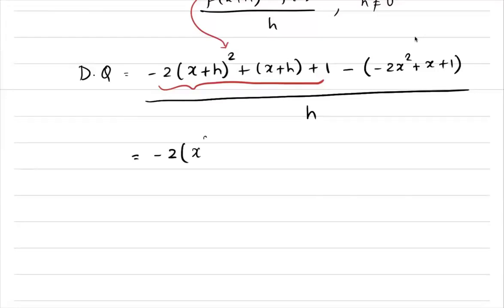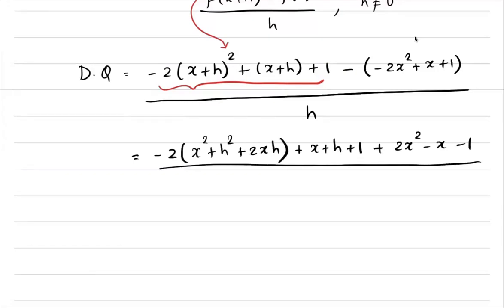So I have x squared plus h squared plus 2xh plus x plus h plus 1. Then I take out everything from this parentheses. I distribute the negative sign, and this is what I have. Now in the next step, I'm going to distribute the -2 here.